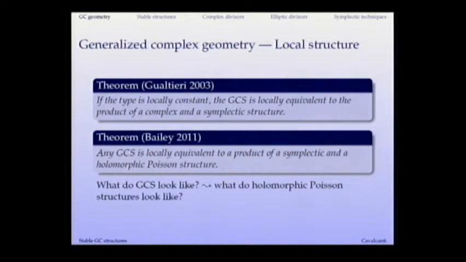So, okay, it allows us to use all sorts of complex geometric techniques to study these things. So in principle, this is a good thing to have. Even though we do not know what holomorphic Poisson structures look like, a common question there is: if you give me one, you can linearize it, is it equivalent to its linearization? Normally it's not, and we don't know what they look like. But at least it simplifies the question quite a bit from the general one we had before, okay?